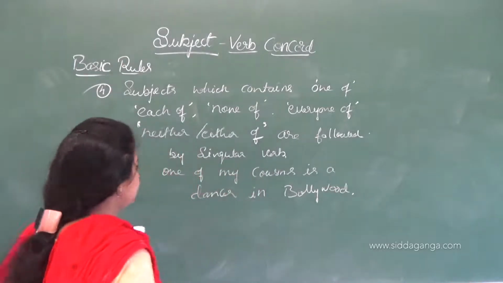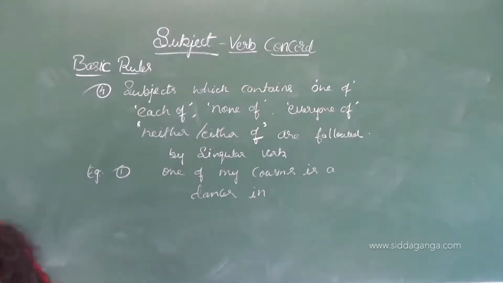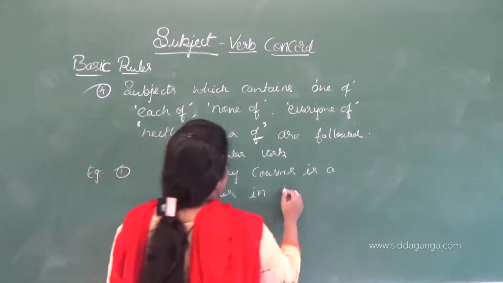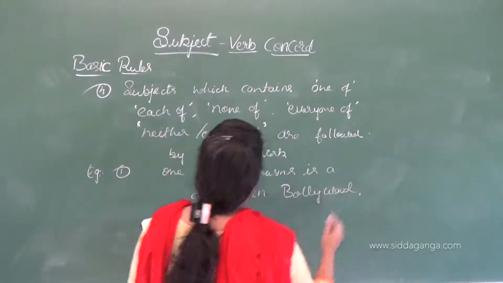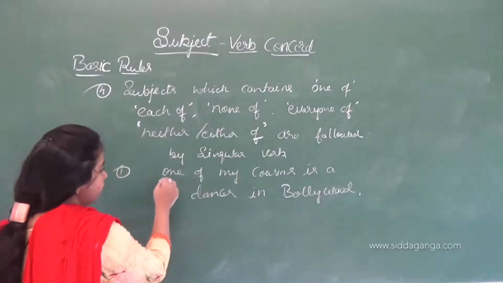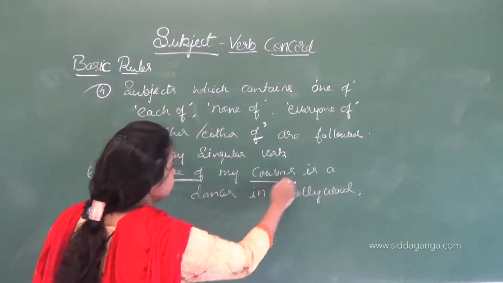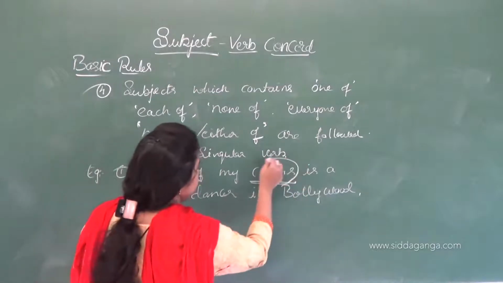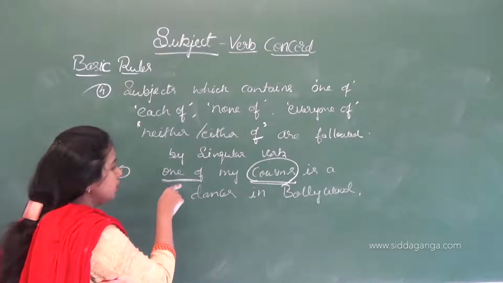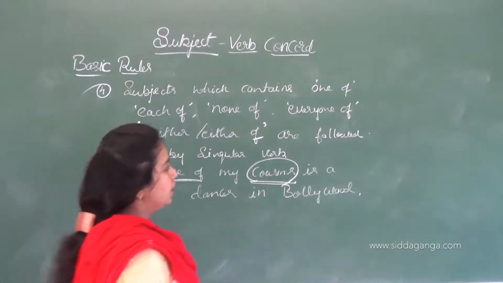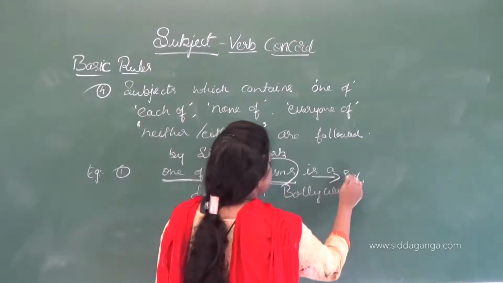So when we use this one of, one of my cousins, it says about a plural, but here it says about a singular, and here we use a singular verb.